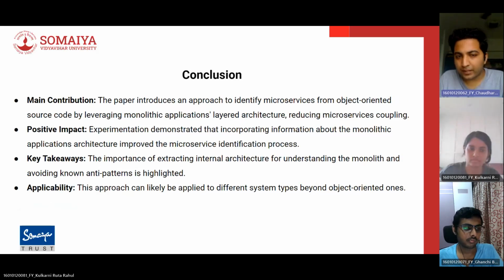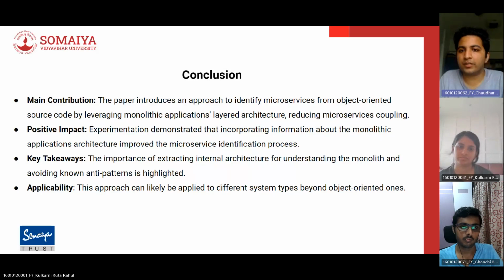So what we understand from the conclusion of the paper is, first, the main contribution: the paper introduces an approach to identify microservices from object-oriented source code by leveraging the monolithic application's layered architecture and reducing microservice coupling. As we learned previously, it is completely Java-based.